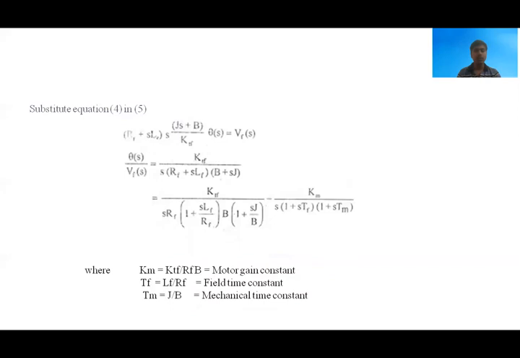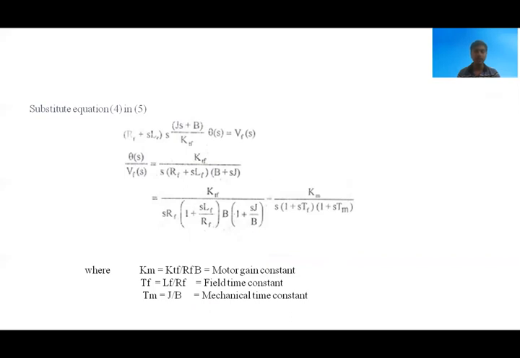Now we'll substitute equation 4 in the fifth equation. Then we will get (Rf plus s Lf) into s into (J s plus B) by Ktf into theta of s is equal to Vf of s.